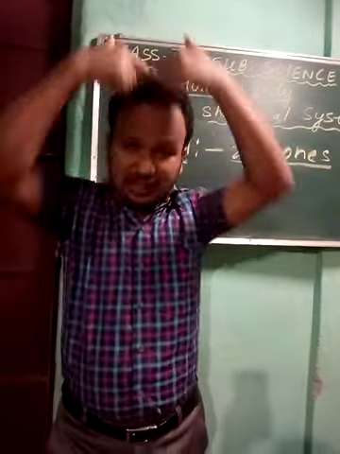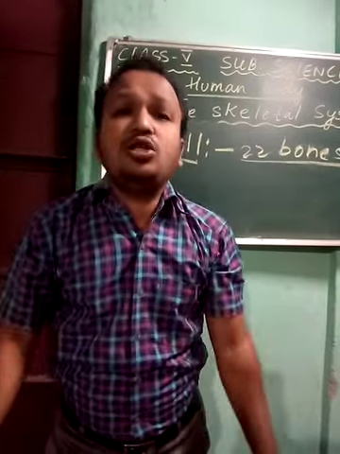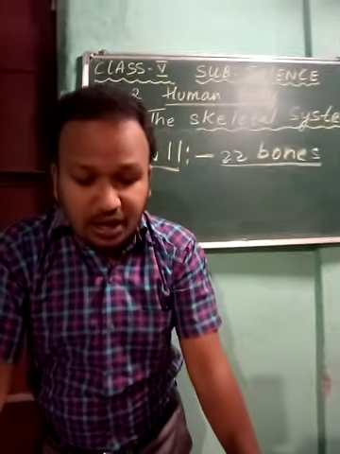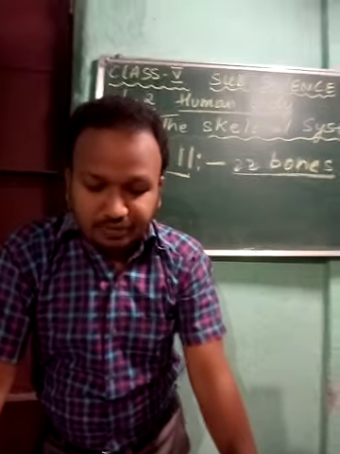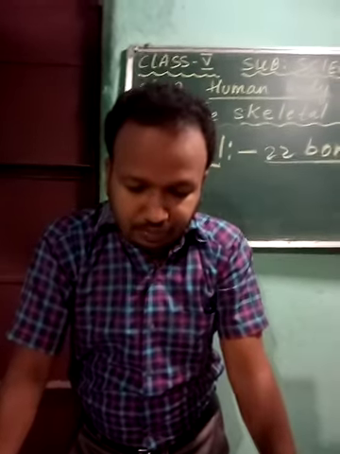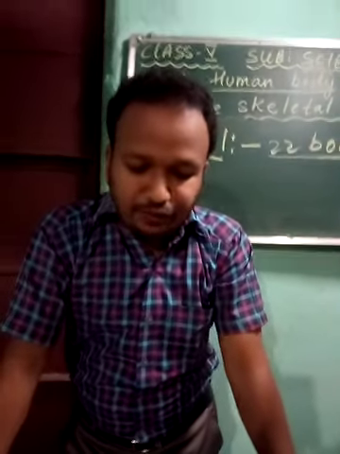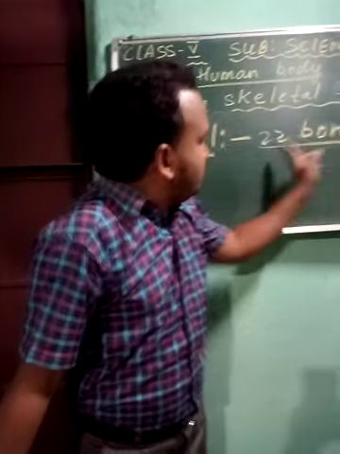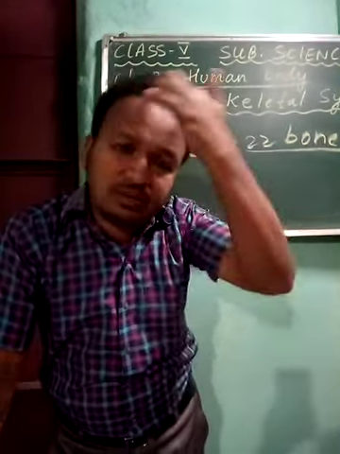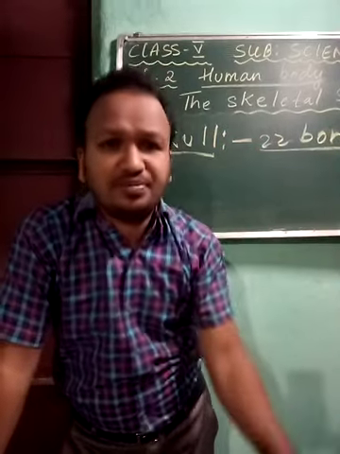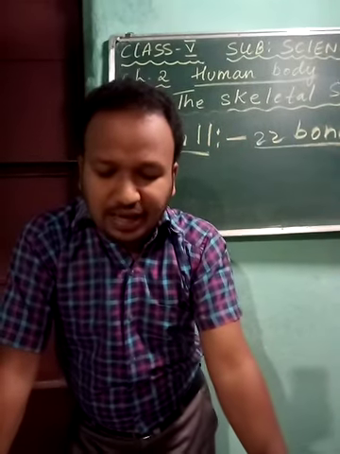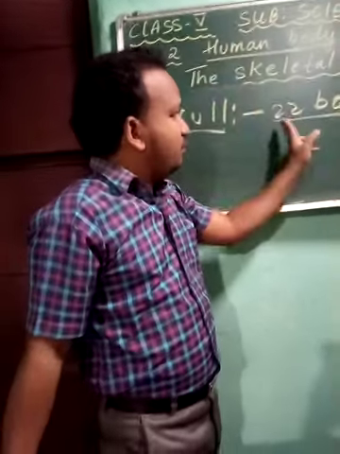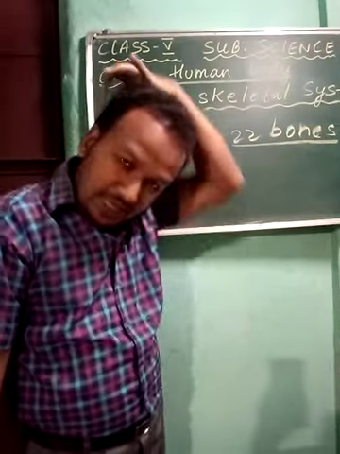So altogether we have 22 bones, and out of these 22 bones, in our face we have 14 bones, and 8 bones are the part of our skull.